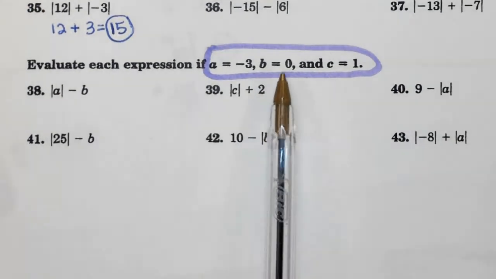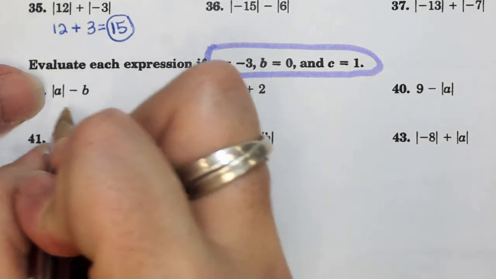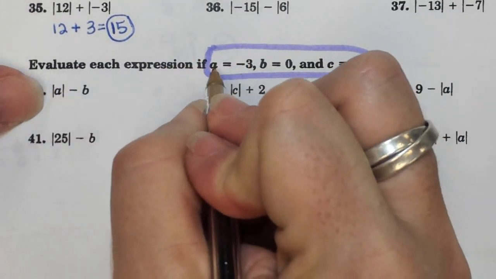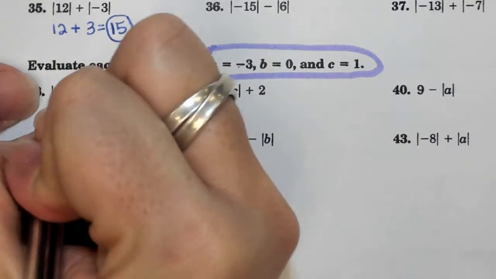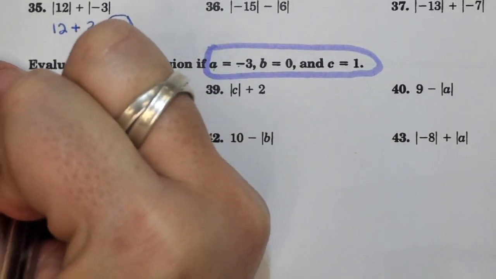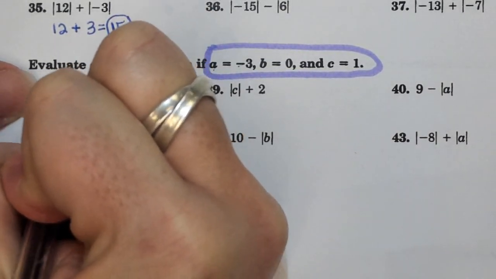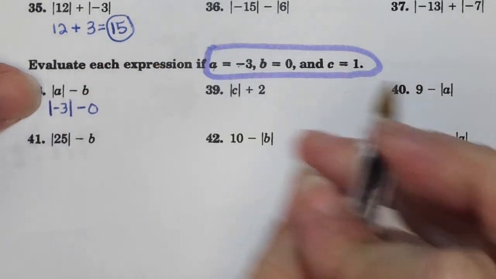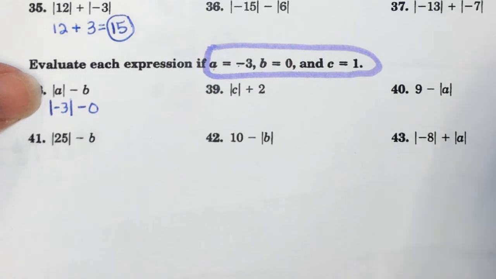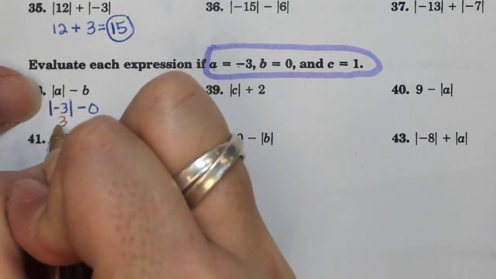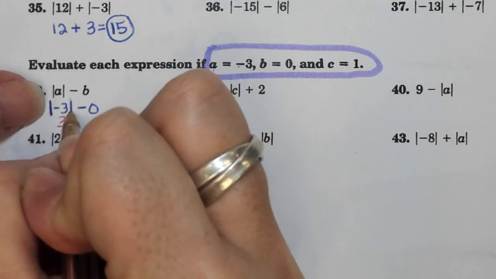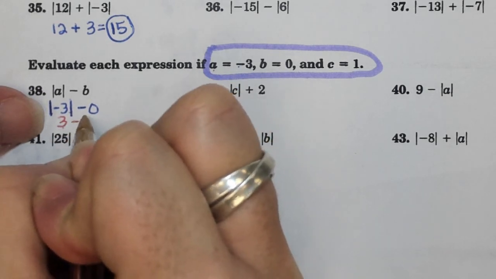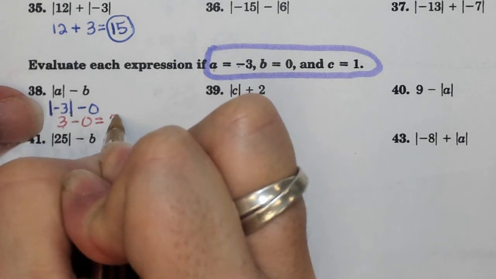Here we go. Now I want you to think, the absolute value of A. Well, up here they told me A is not 3. What is it? It is negative 3 minus, what's B? 0. So if I work that out, I get 3. No, listen. Absolute value of negative 3 is 3. Minus 0 is 3.